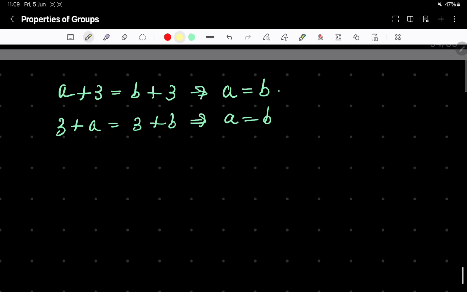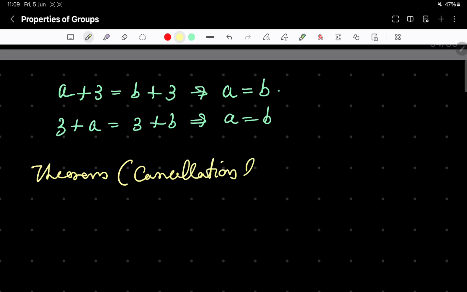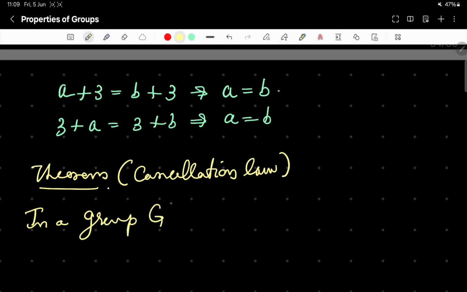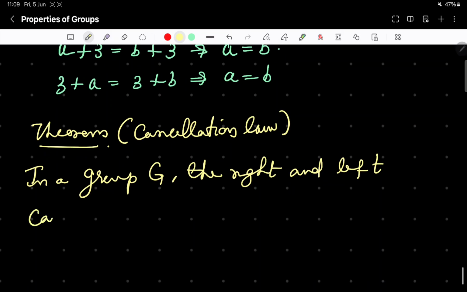The answer is yes. So let's look at a theorem. This is called the cancellation law. So what it tells you is, in a group G, the right and left cancellation laws hold.